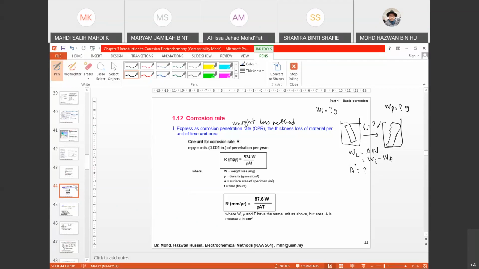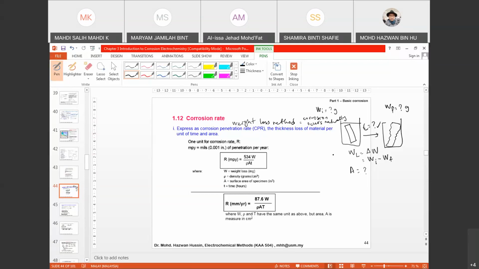Weight loss is also a method where the corrosion occurs naturally. You put the metals in the environment and it will corrode naturally. You didn't connect it with some supply to impress or accelerate the process.